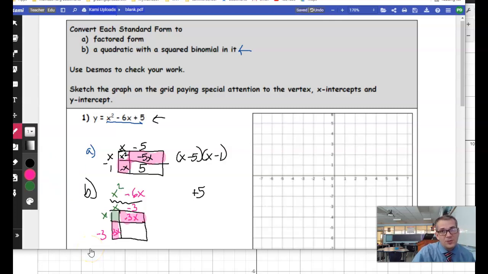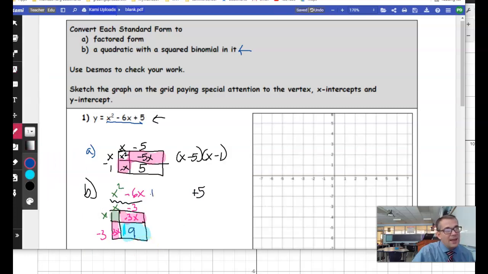I'm forced to do that. I have to take half of this value. I don't have a choice if I want this to be a square. And that means that this blue square has to be something really specific. If I'm forced to make these two pink lengths negative 3, this blue square has to be positive 9.